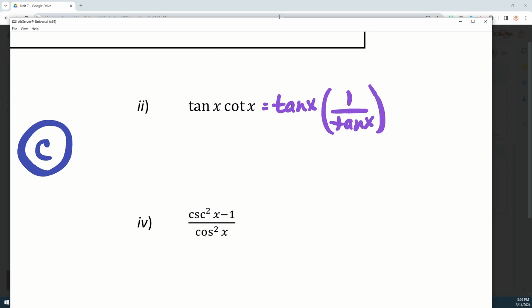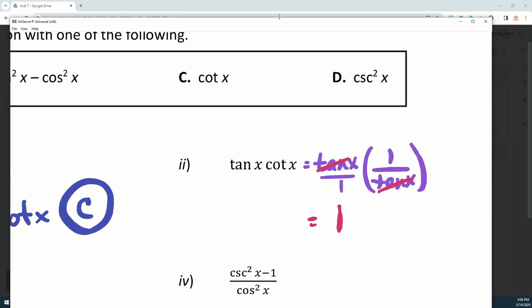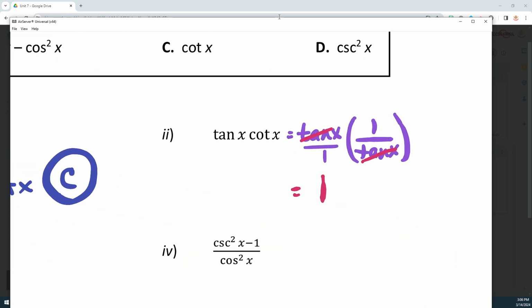All right. And so basically what happens is both of those tangent of x's cancel, and because we have 1 in the numerator and 1 in the denominator, tangent over tangent is going to just be 1, which is choice A.